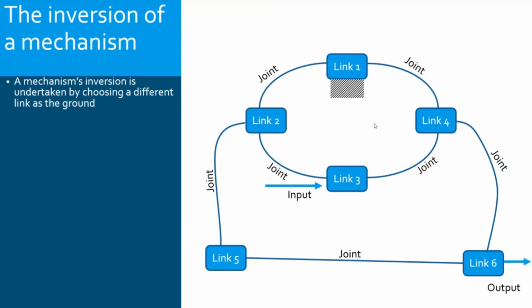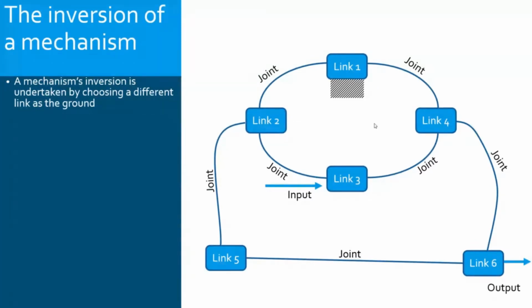Also, one requirement for a mechanism is to have a link as the ground, a link as a reference. So for any mechanism, if we connect links with joints, we build a kinematic chain. To have a mechanism, we need to consider one link as the ground.